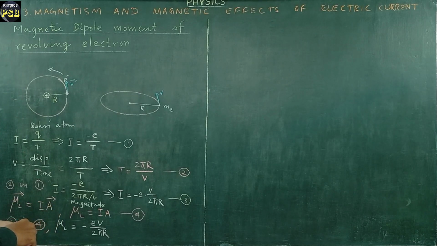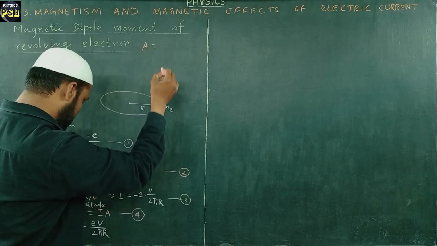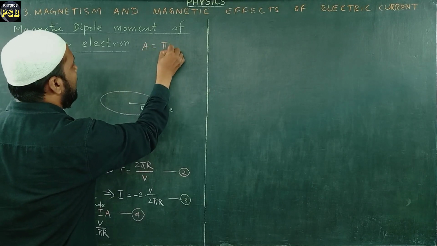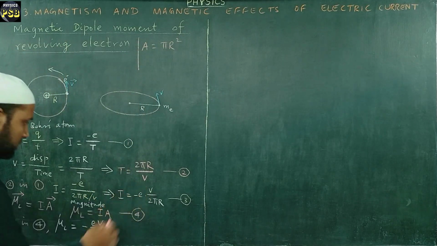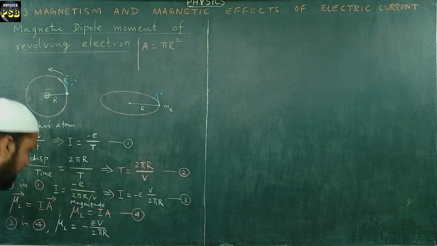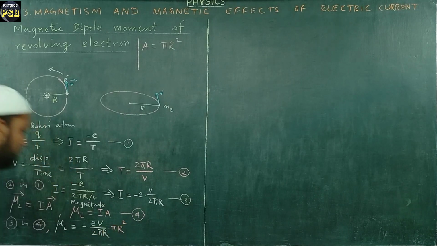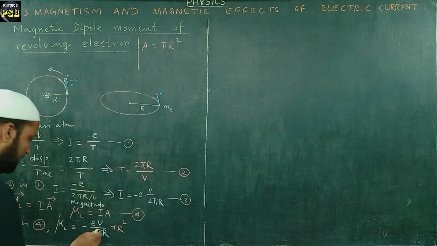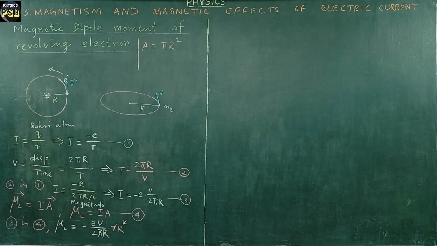So the area of the circle is given as pi r square. In the place of A, I write pi r square. Here similar terms get cancelled. Pi gets cancelled, and similarly r and r get cancelled.